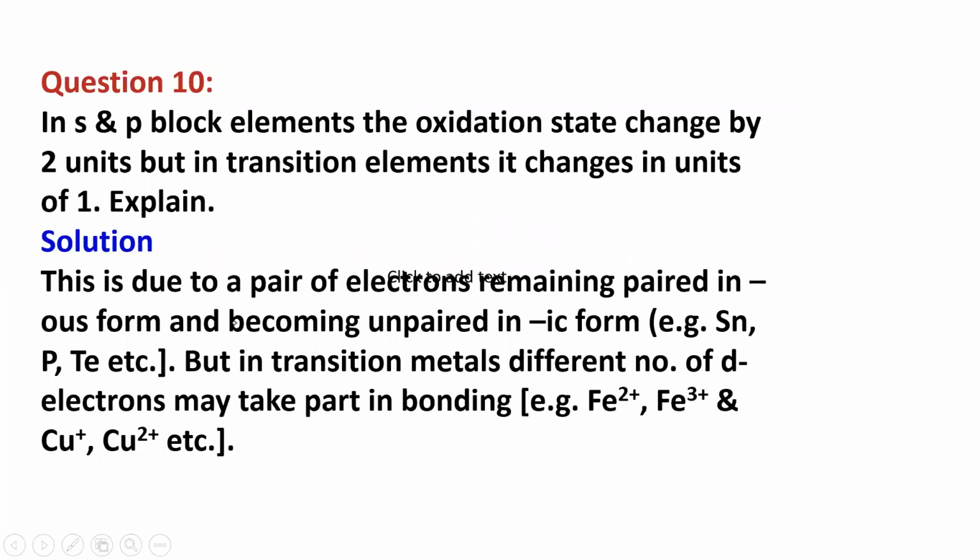In s and p block elements, the oxidation state changes by 2 units, but in transition elements, it changes in units of 1. Explain. This is due to a pair of electrons remaining paired in the -ous form and becoming unpaired in the -ic form. As I told you, transition elements have variable valency. Higher valency should be taken as the -ic form, and lower valency as the -ous form.